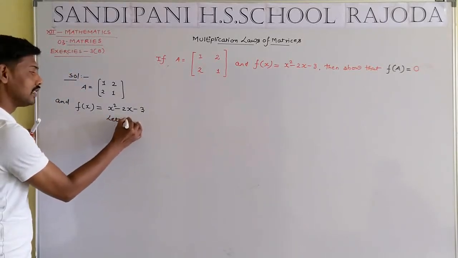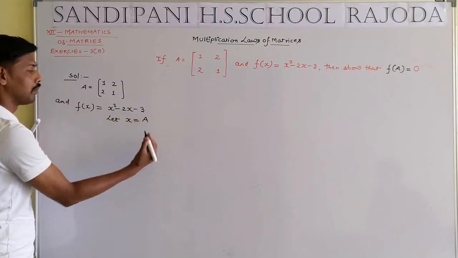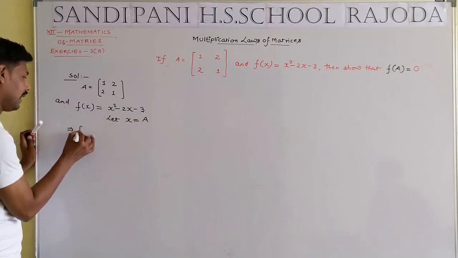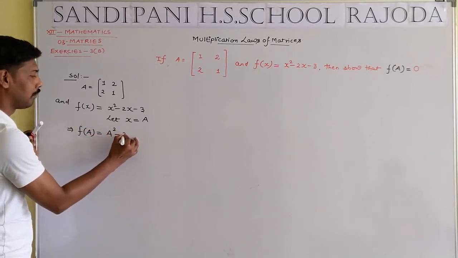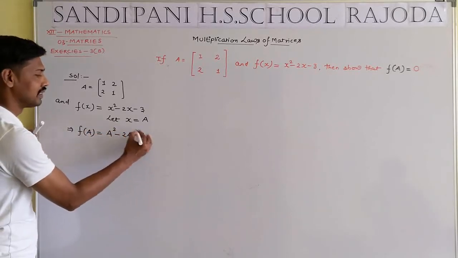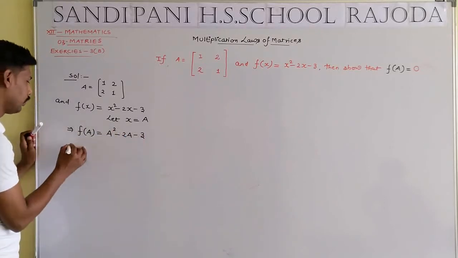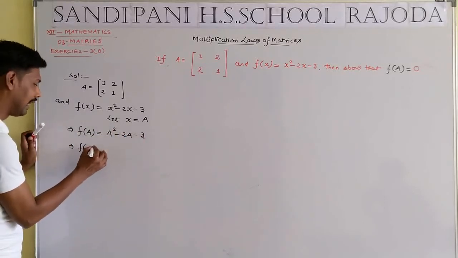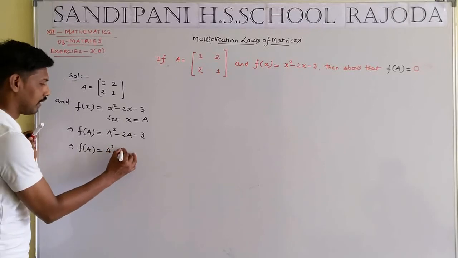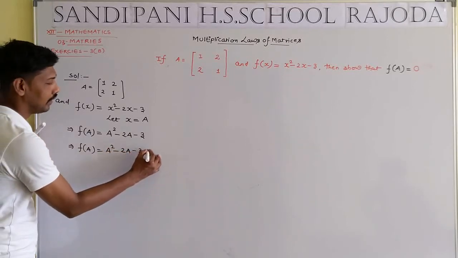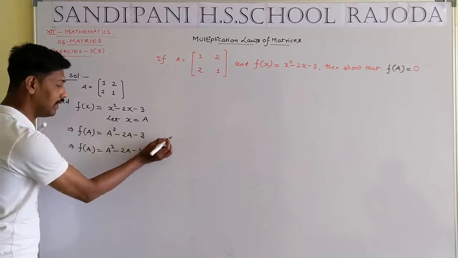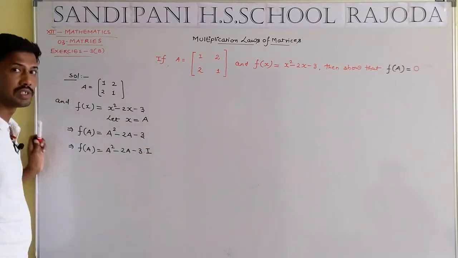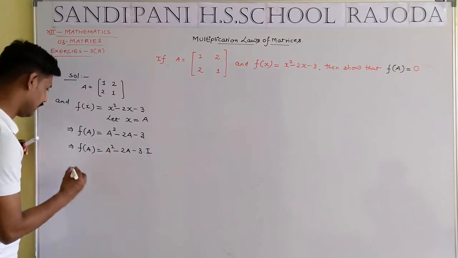Let us consider x equal to capital A, so we can write f(A) equals A square minus 2A minus 3I. In the case of the 3, we write 3 into I. What is the meaning of the I? I is denoted as the identity, a diagonal matrix.